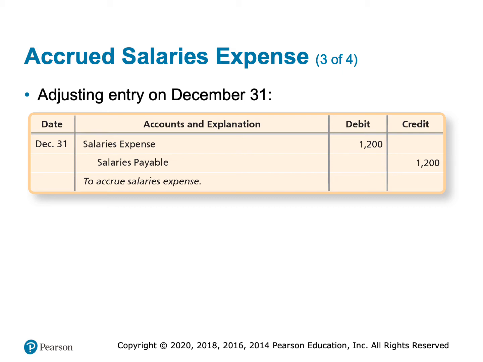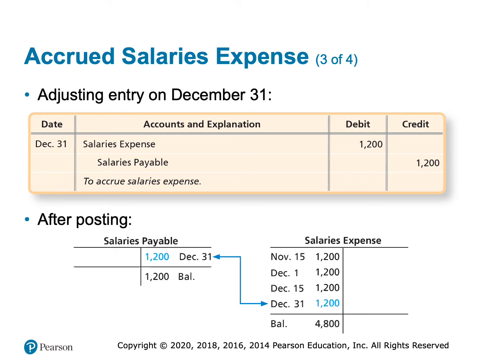Remember, liabilities have a normal credit balance, so I credit salaries payable to show that I owe them $1,200. This way, when I do my financial statements, my liabilities will be correct and my salary expense will be correct. Salary expense shows all of the salary expense for the year, and salaries payable correctly shows that I owe my employees $1,200.